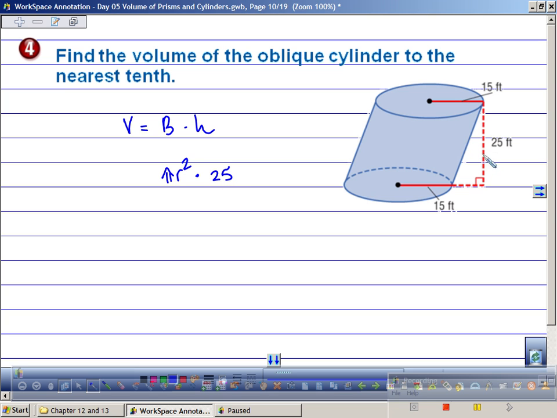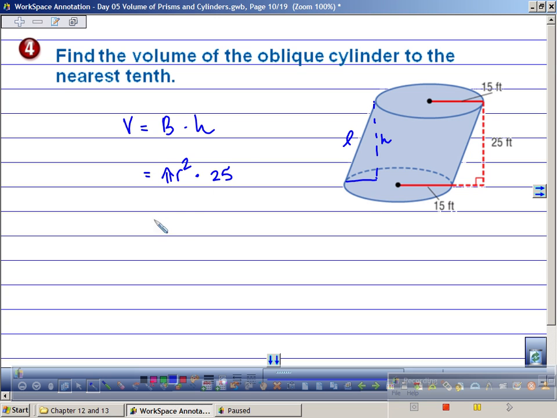And what's the height of that figure? 25. The only difference with this is you're going to have a slant height and you're going to have an actual height. So if they don't give you the actual height, you're going to have to use what? Pythagorean theorem. If they give you the slant height, you're going to have to use Pythagorean theorem to find your actual height of your figure.